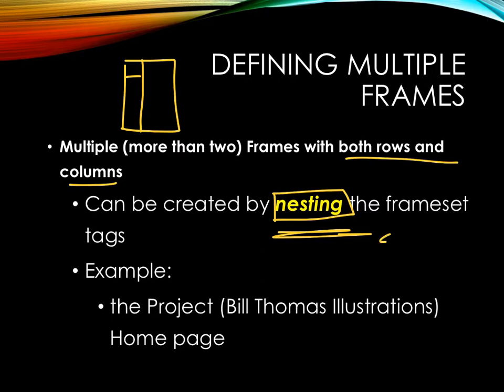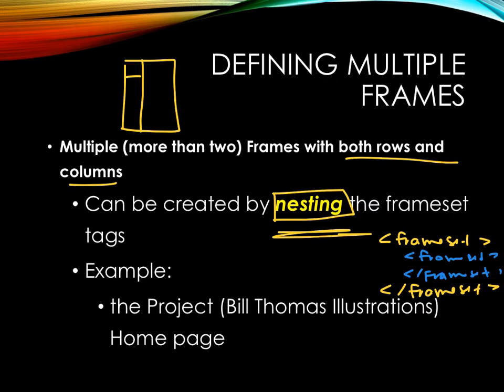What I mean is, here's a frame set tag and then I close it off. If I'm nesting, I have a full other frame set of tags indented inside. So those are nested and those will break up another chunk and create more than 2 frames within a window.